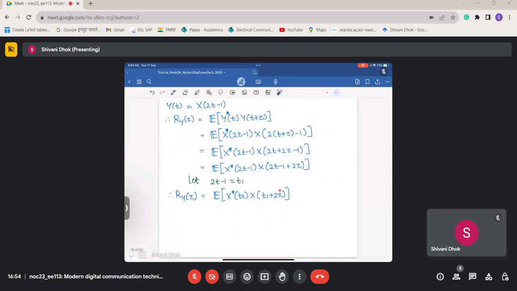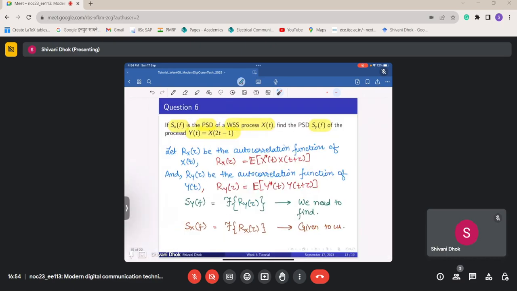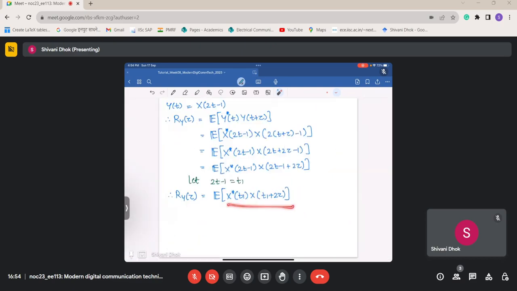Now instead of tau, here we are having 2 tau. So if we compare this equation and this equation, this is nothing but Rx of 2 tau. So Ry of tau is basically Rx of 2 tau. This is the relation between the autocorrelation function for the process xt and the process yt, which are related in this fashion.